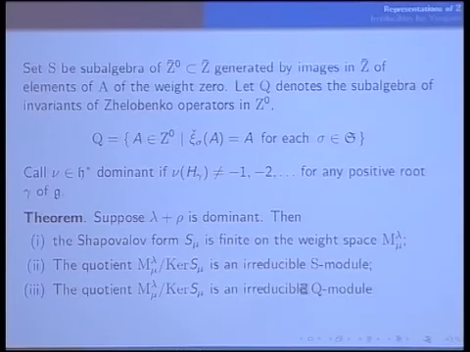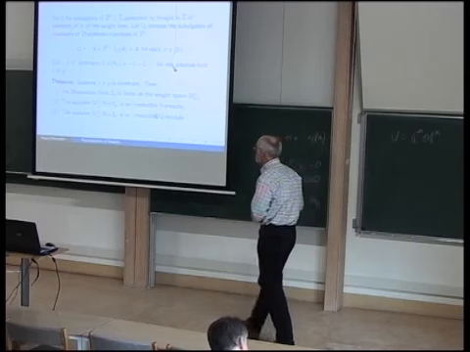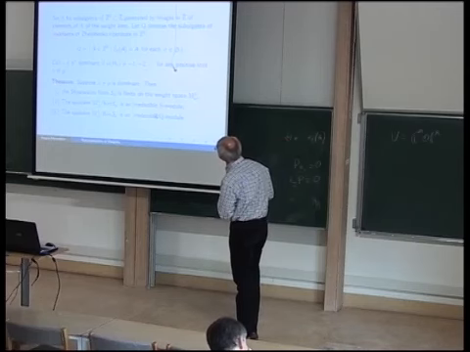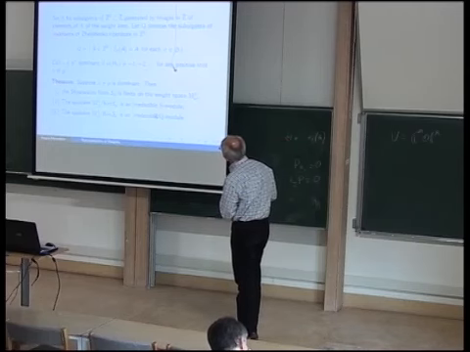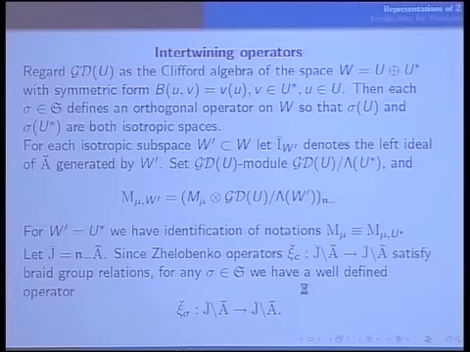And the quotient of this weight subspace by this form is an irreducible module with respect to the subalgebra S. It's the subalgebra of the zero weight component of the Mickelsson algebra, generated by the initial elements of the algebra of weight zero. And moreover, this module is irreducible as a module over the image of the Harish-Chandra map. So we already get a construction of irreducibles for Mickelsson algebras.